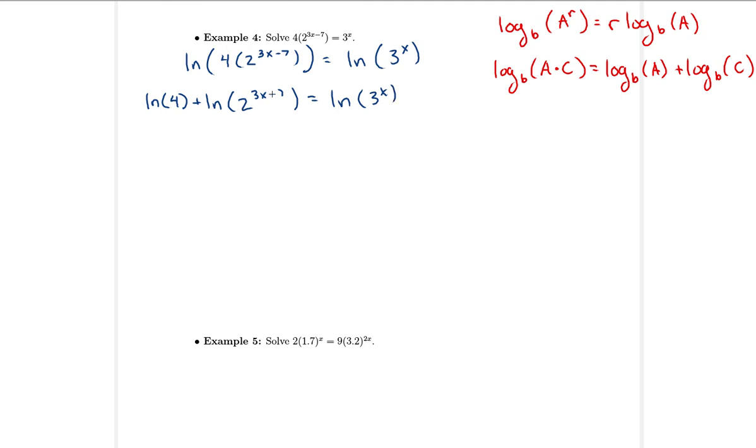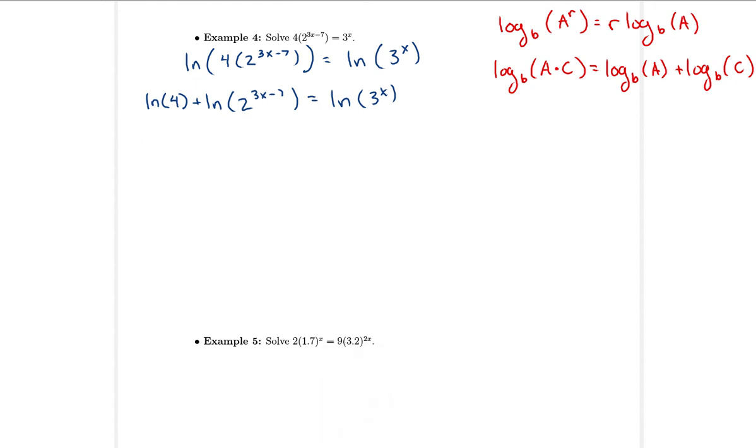And now, when I look at the 2 to the 3x minus 7, there's no other coefficient in front that's not being raised to the 3x minus 7. Now all I have here is this base that you see here. And so now I am allowed to bring it down front.